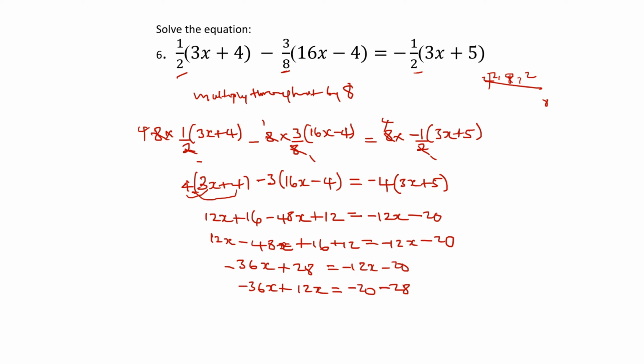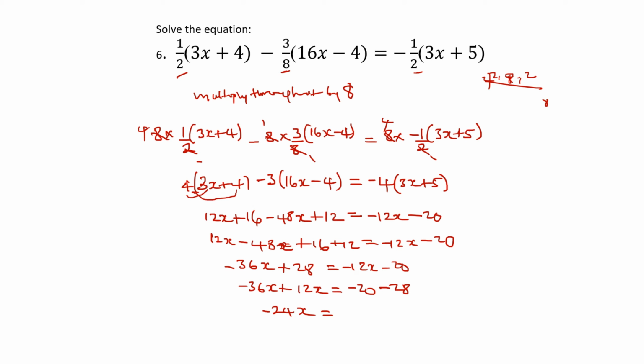So we subtract minus 36x plus 12x. The bigger number here is 36 and the sign is negative, so we subtract and take the sign of the bigger number. Minus 36x plus 12x gives you minus 24x, and minus 20 minus 28, we add and take the sign.